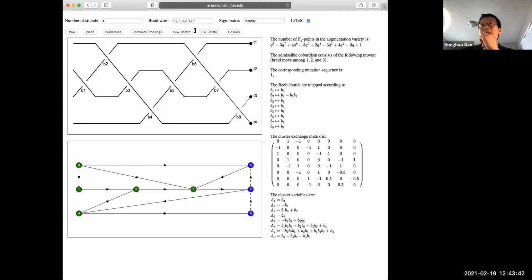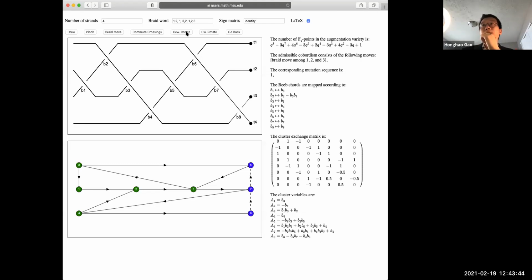Reload. Every time I do this in real time with Zoom, it's a little bit slow. But you can go there and try to do this. It's supposed to be fast.